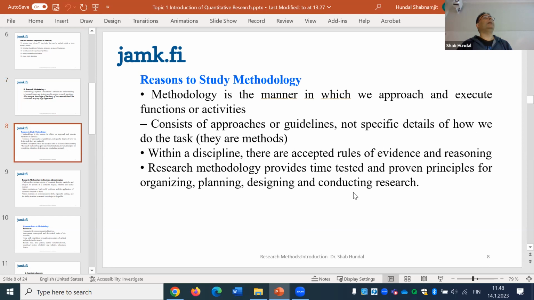I can say they're not the same. I think research methods is about qualitative research, but research methodology is about quantitative. No. Both are methods. One method could be quantitative, or the other could be qualitative.